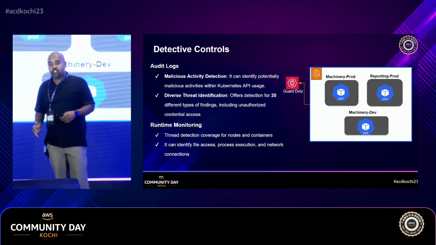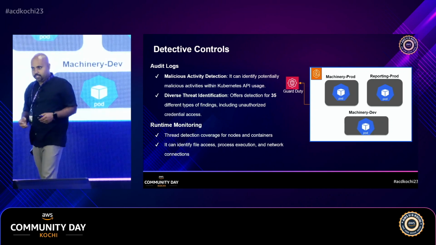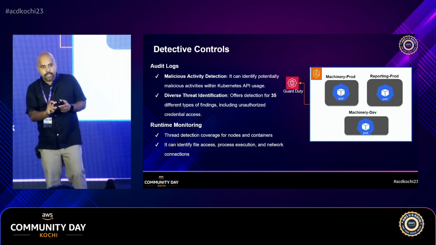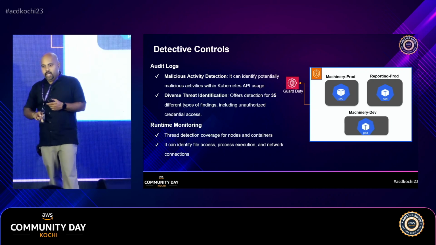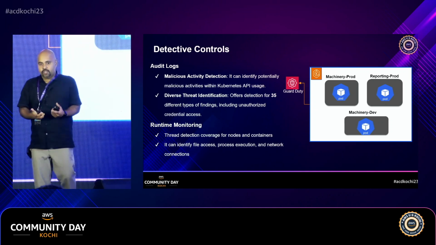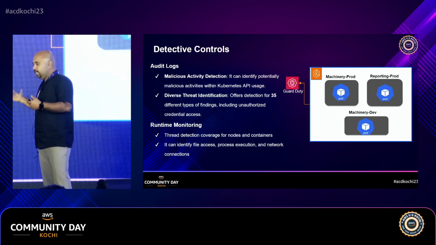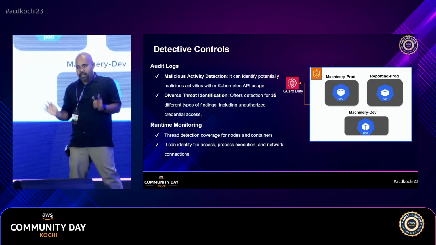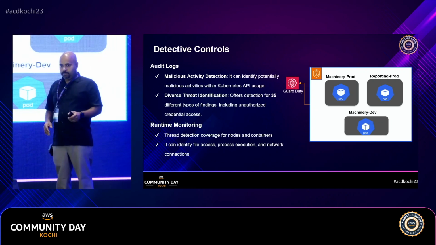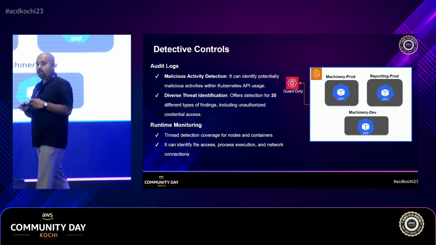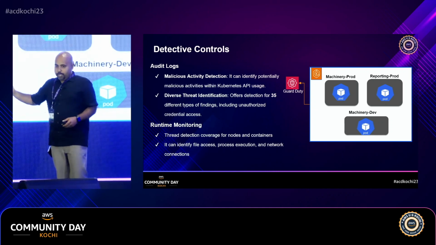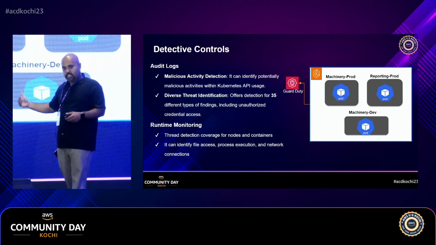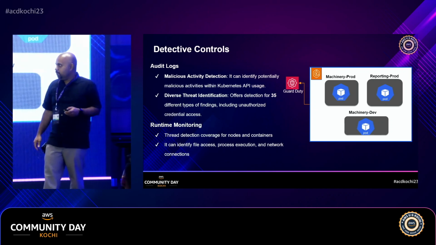It checks your containers, it checks your nodes, and it checks if any node or container is trying to do file access, or trying to create a new process which is trying to exfiltrate data, and the network access. All the runtime events will be monitored and it alerts you. In our case, the customer had already used GuardDuty, but the special capability of GuardDuty was not enabled, which we did immediately.